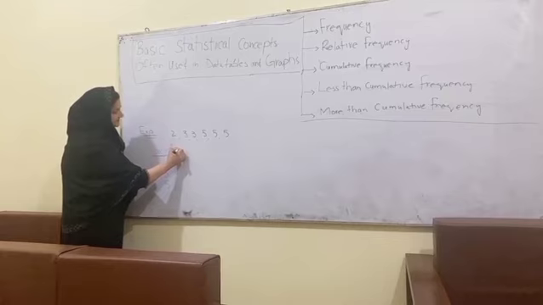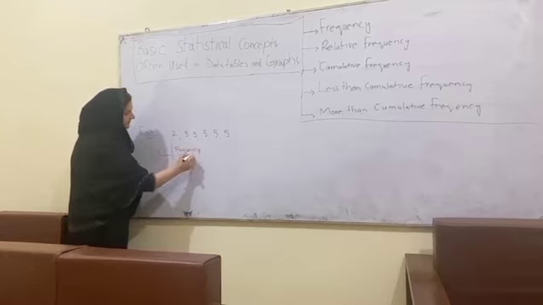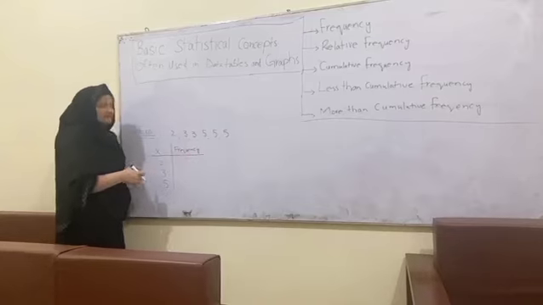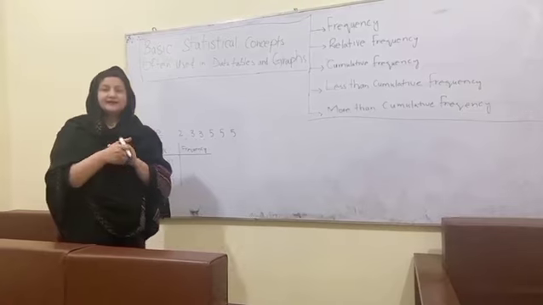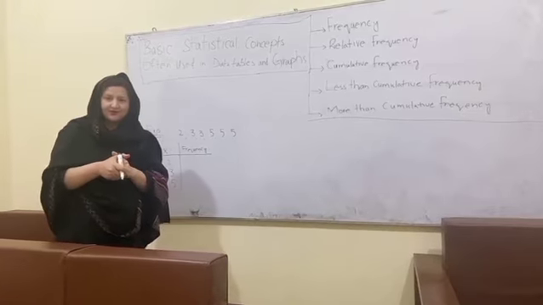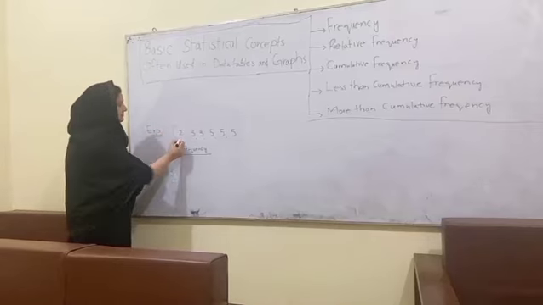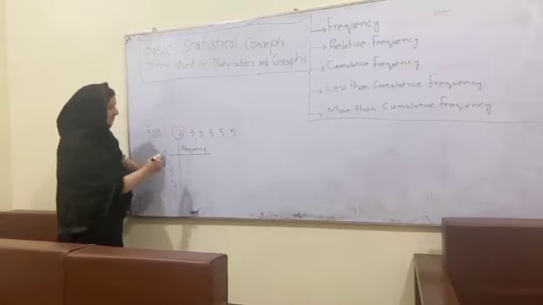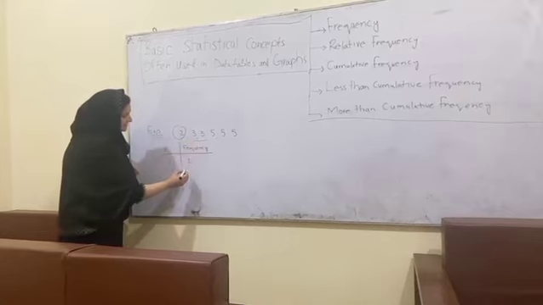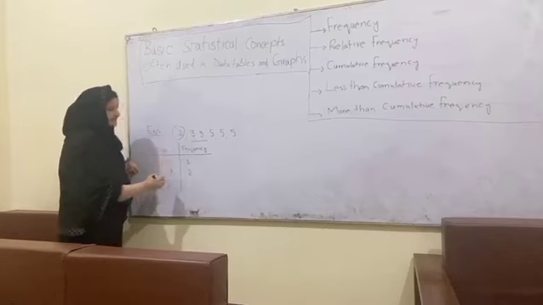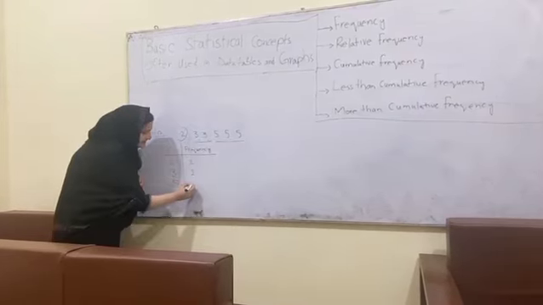First comes frequency. Frequency simply means the number of occurrences of data points in a data set. So 2 occurs one time in the data set, 3 appears 2 times, and 5 appears 3 times.